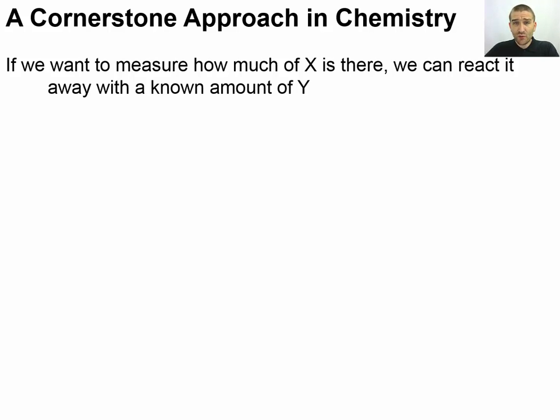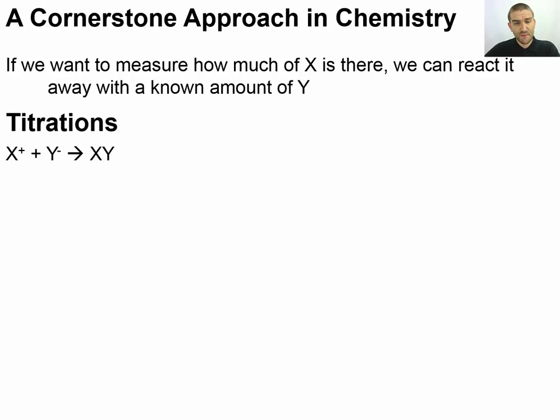If X reacts with some other compound, Y, and we know what ratios they react in, we know the stoichiometry of the reaction, we could do some sort of a reaction where we know the concentration of one. By measuring the volume needed for the other, we'll be able to find out how concentrated the other solution will be. Let's see exactly how that works graphically.